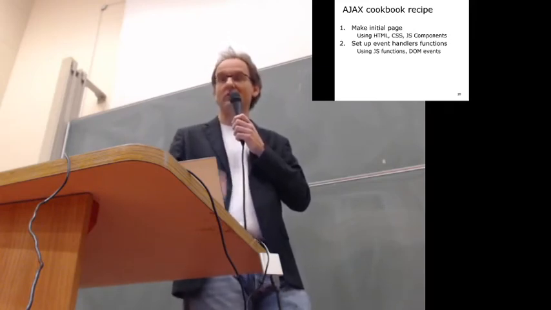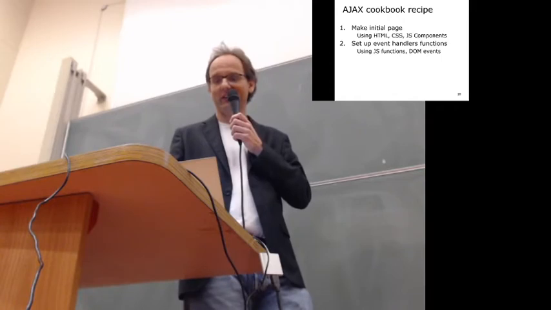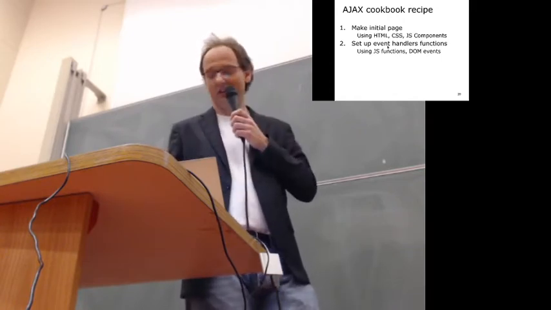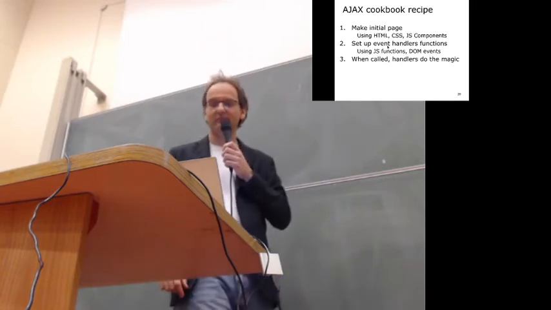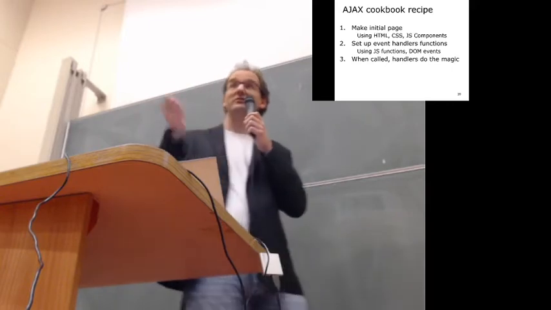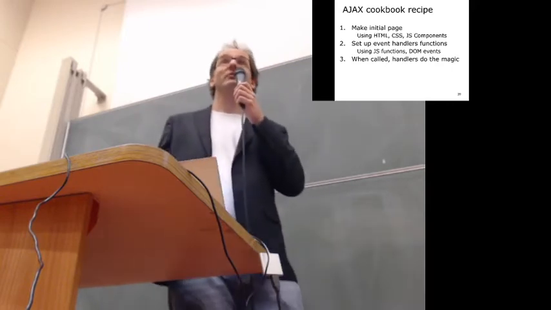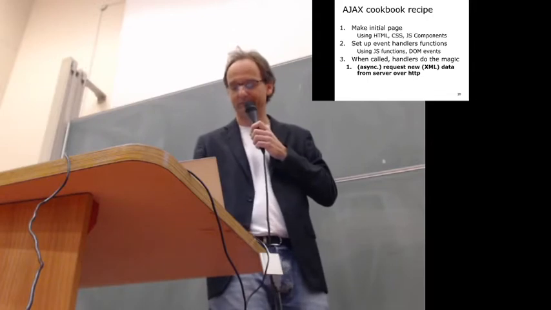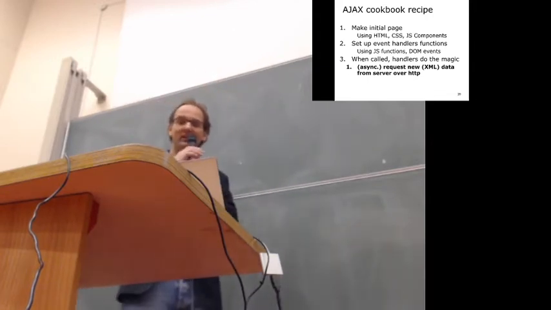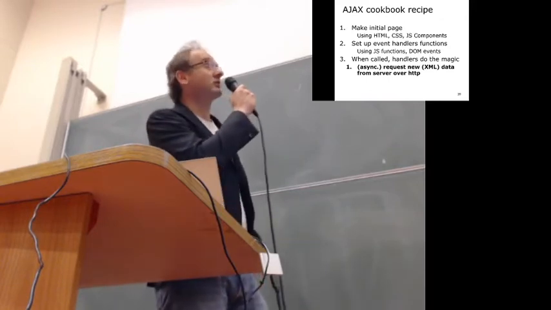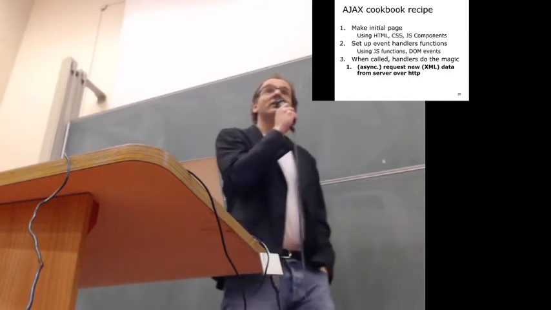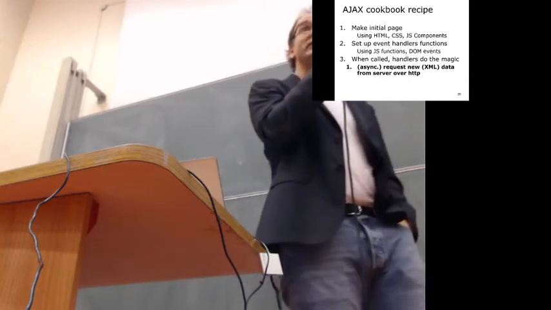You use the DOM to do whatever you want in response to these events, how it should change your HTML or CSS. And then when called, the handlers do the magic. This is the for loop that you don't need to write, but your browser will do it for you. And then in these handlers, there needs to be communication with the server over HTTP. The way you communicate with the server in your JavaScript is again by using the HTTP standard.